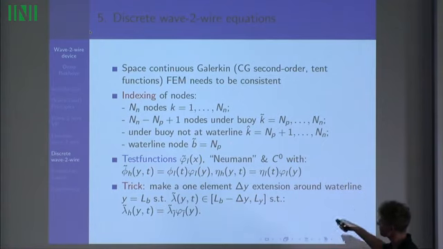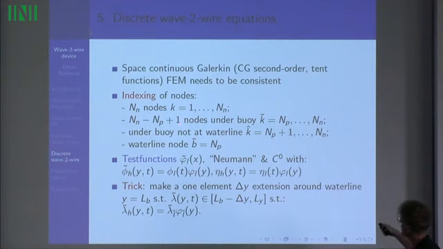So there's a bit of indexing of the nodes. There are nodes everywhere in the domain. There are nodes only at the buoy, under the buoy, so they need to be matching. And at NP I make a mesh so that exactly there is a node here at the waterline, because it's going to be hairy when it's nonlinear.